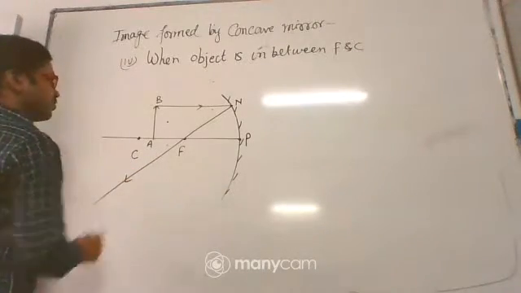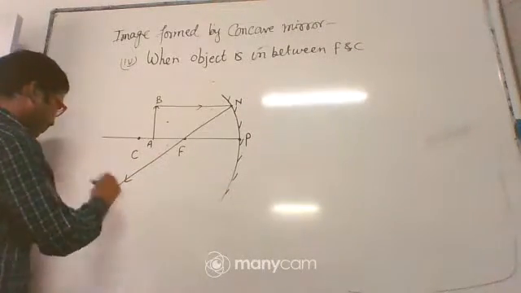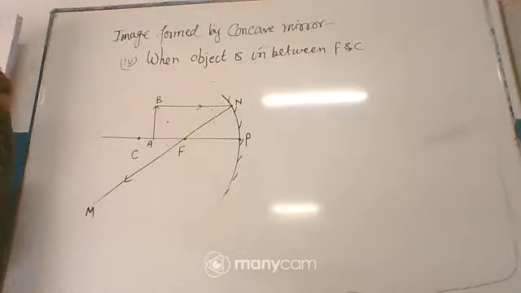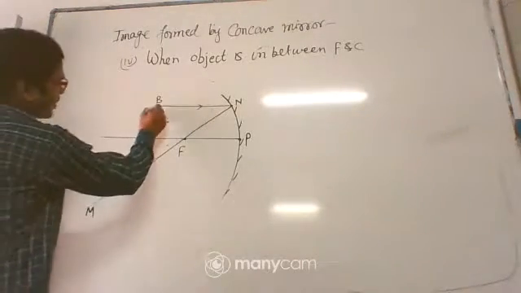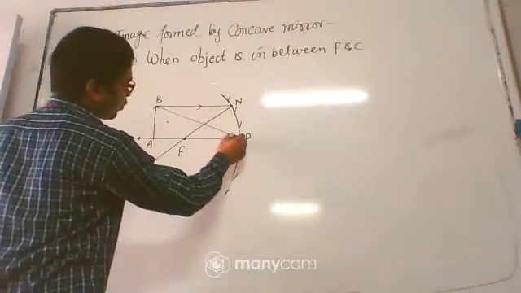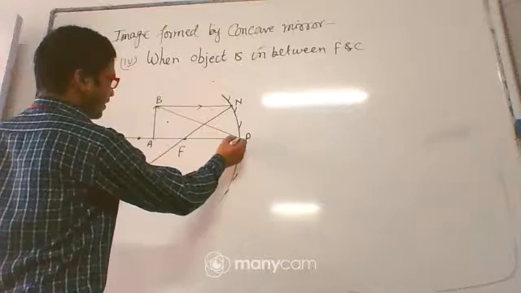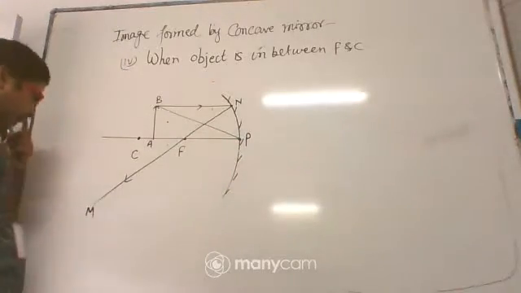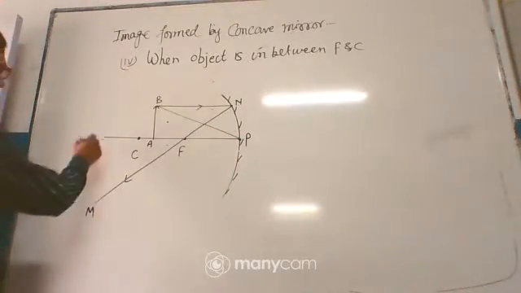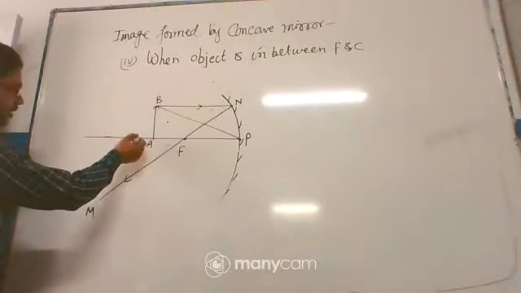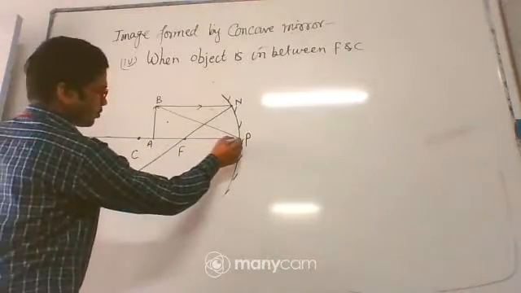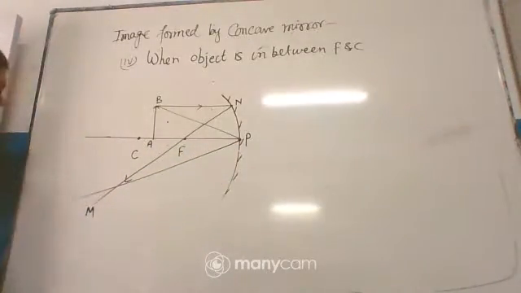Suppose this ray is LM. Now one of the rays passes through the pole, and after reflection it will intersect this ray at some point beyond C. So it is like this.